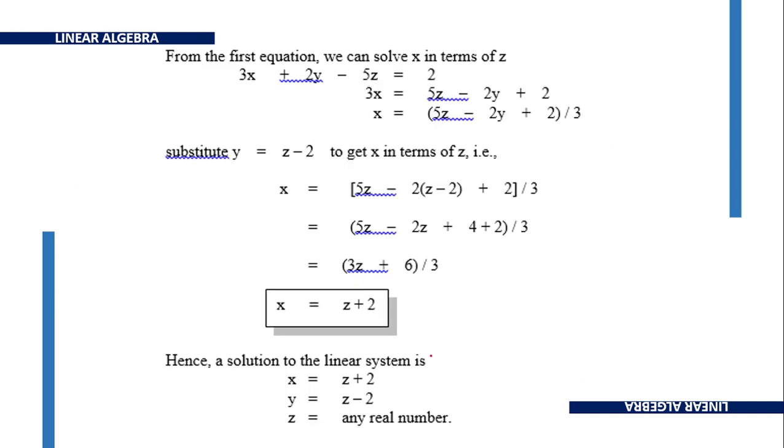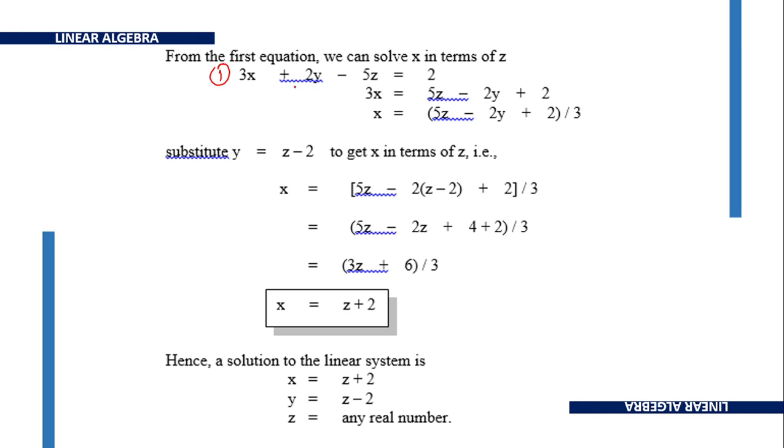Okay, so from the first equation, we can solve x in terms of z. Ito yung ating first equation, di ba? Sabi dyan, we can solve x in terms of z. Di ba kanina, ang kinuha naman natin is y in terms of z. So, kunin naman natin yung x in terms of z. Transpose lang ito. We have 3x plus 2y minus 5z is equal to 2.